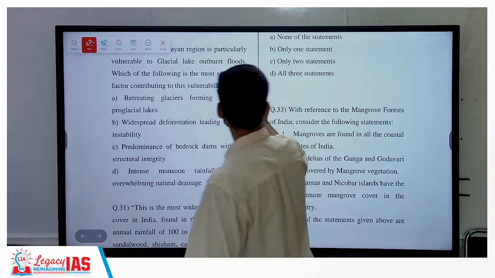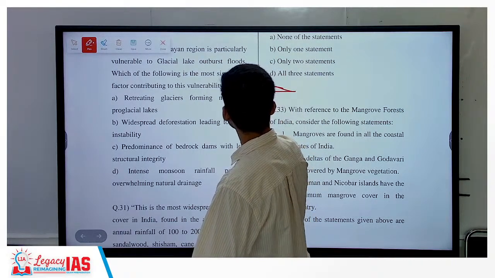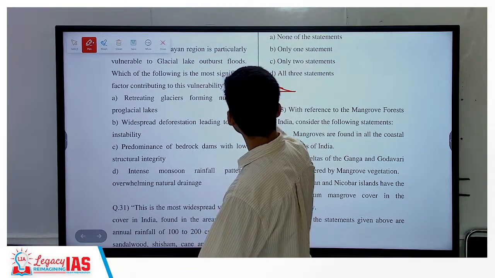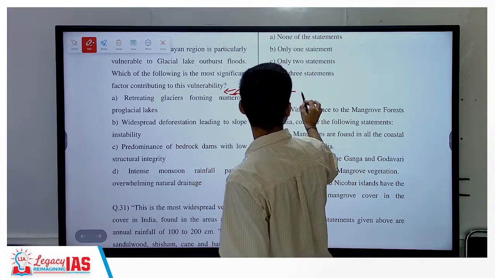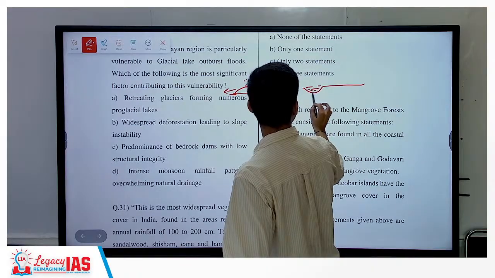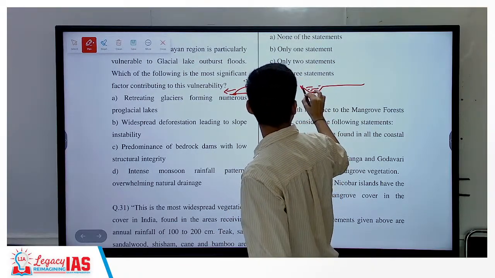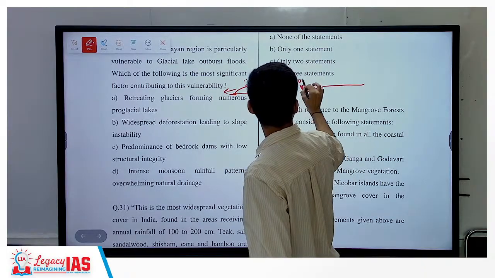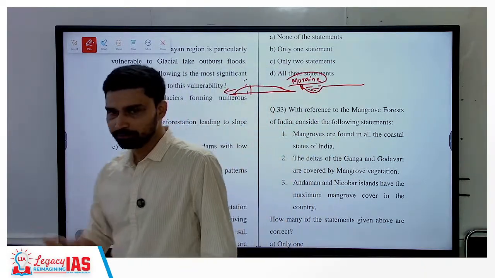Proglacial means you have a glacier lake here. Suppose this is a glacial landmass. It is flowing. Now because of global warming, what is going on? Glaciers are rapidly retreating. So when glaciers retreat, what do they leave? Depression. And due to the melting of water, this depression gets filled up by water. The outer part is made up of moraines. We have discussed moraine deposits, terminal moraine.